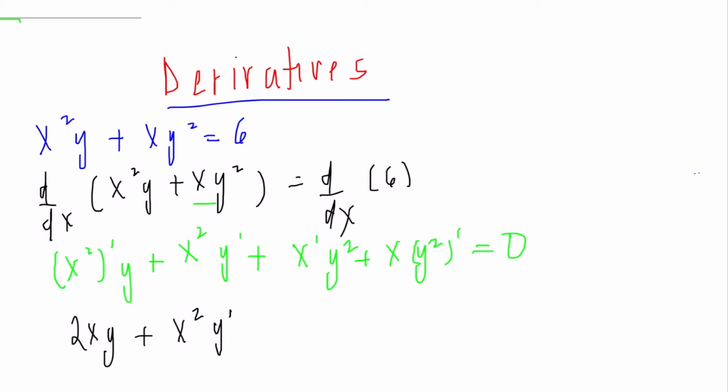Because if you differentiate d all over dx of y, it's just going to be y prime. So now go on and add. The derivative of x here is just going to be 1, so we will just take y squared, and then plus here we just keep an x.